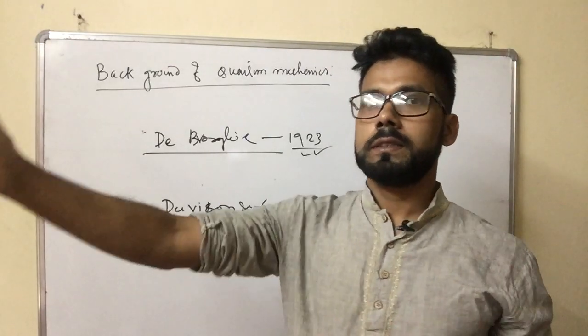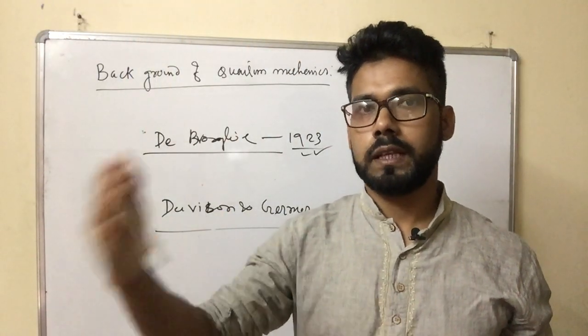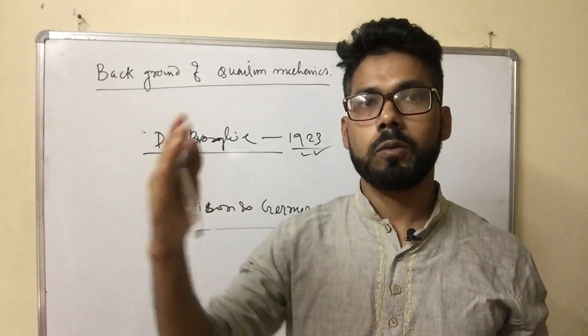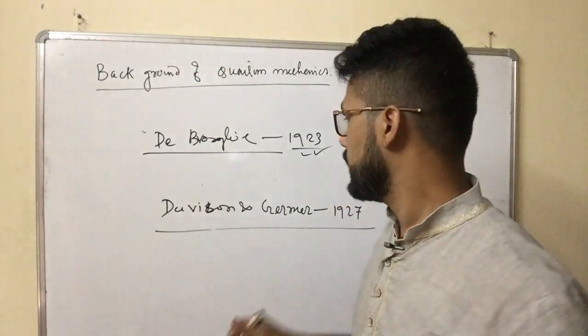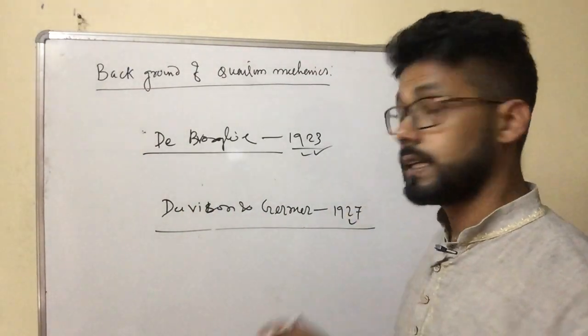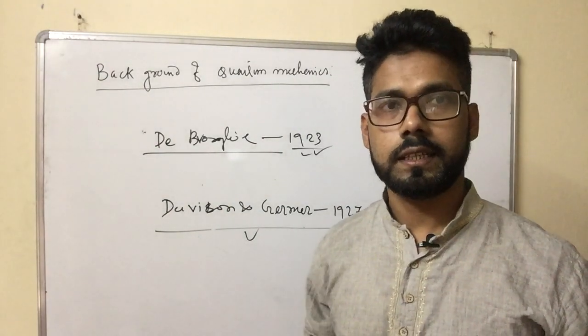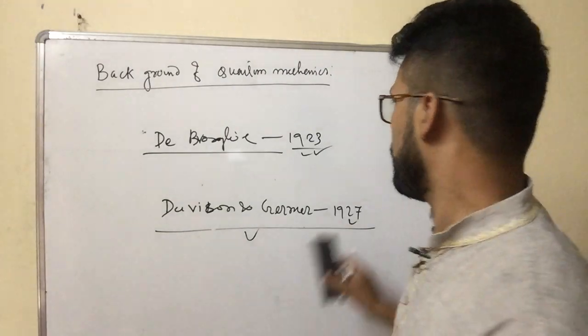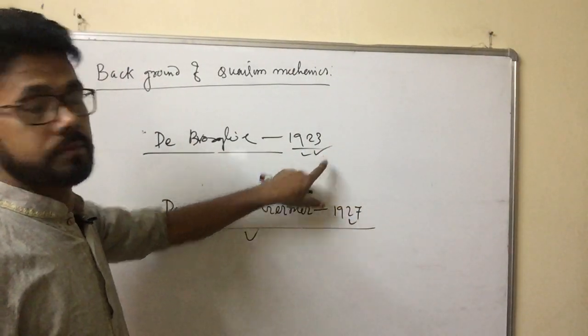If an interference pattern is obtained from electrons, then we can understand that the electron behaves as a wave. So in 1927, for which they were jointly awarded the Nobel Prize in 1937 also. This is theoretical, this is experimental, this is de Broglie's theory.